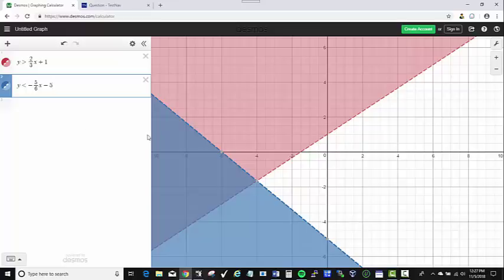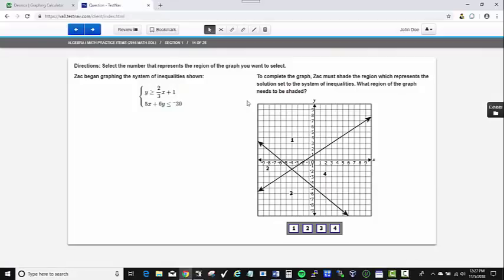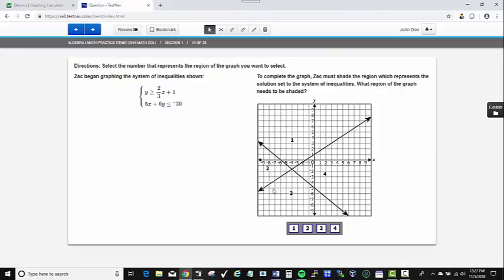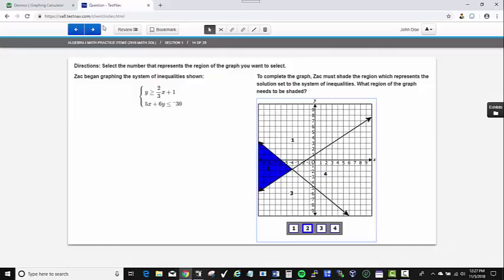And now we notice the solution for both is in this little spot right here. And when we go back here, 2. That is the region for the whole system. See, when you graph them, it's going to be 2. All right? Let's move on.